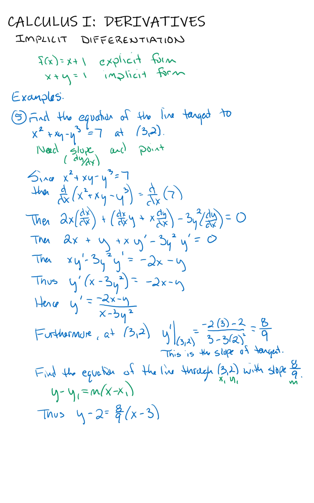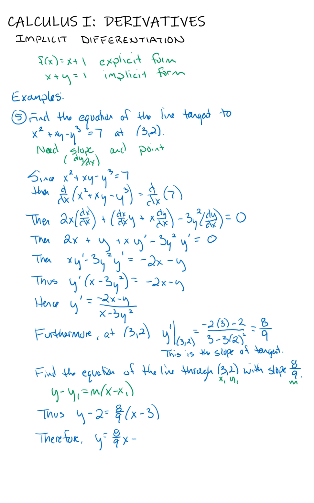If you distribute the 8/9, add 2 to each side, we end up with y is equal to 8/9 x. Ooh, watch those positives and negatives. What does that give us? Combine those terms there in the back.